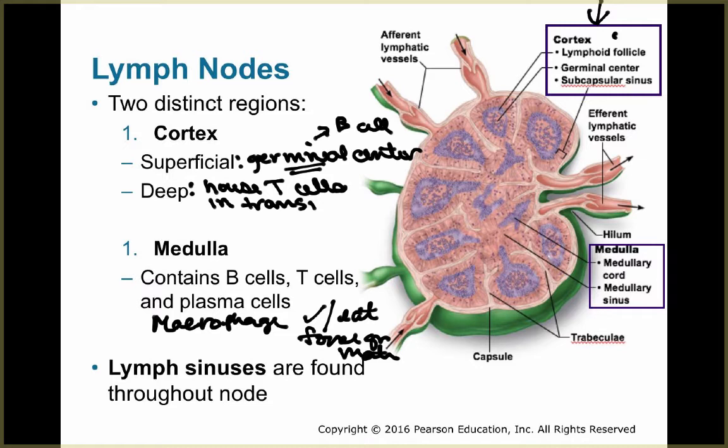Now the only other thing that we know is that the macrophages are down there along with the reticular cells. The lymphatic cells are everywhere. The one that we didn't talk about is the dendritic cells, and they are abundant in the deep cortex.